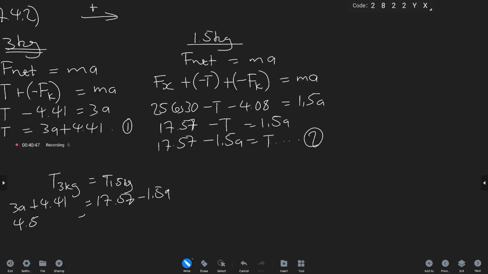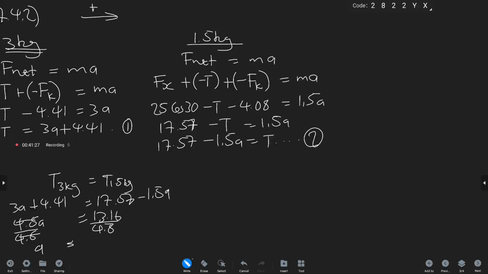And then 3a plus 1.5a, that's 4.5a, being equal to 17.57 minus 4.41. The calculator gives me 13.16. And then to divide both sides by 4.5 and determine the acceleration of the object.